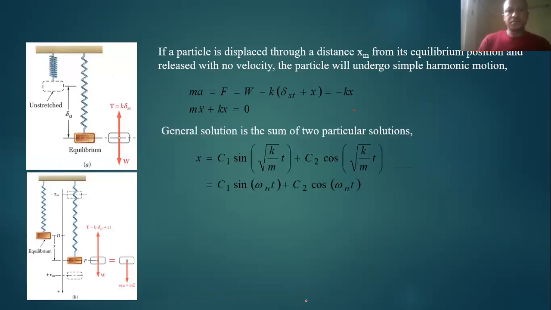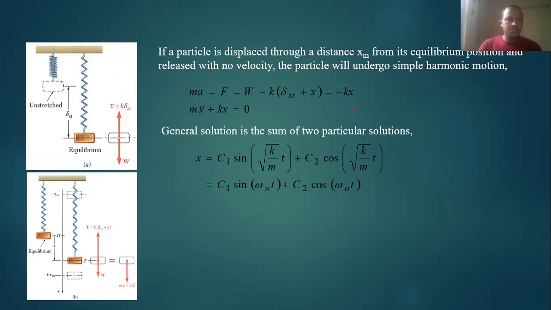Another case is a spring in vertical position. Let's consider a spring in vertical position. If a particle is displaced through a distance xm from its equilibrium position and released with no velocity, then the particle will undergo simple harmonic motion.